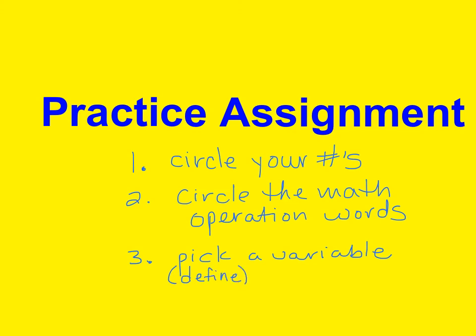Define just means pick one. Then write your expression from left to right, unless there's the word than in there with the math operation. Then you have to go right to left. So if you take the time to pick it apart and label and circle, you should be doing just fine. Good luck. Come and get your practice assignment from me.